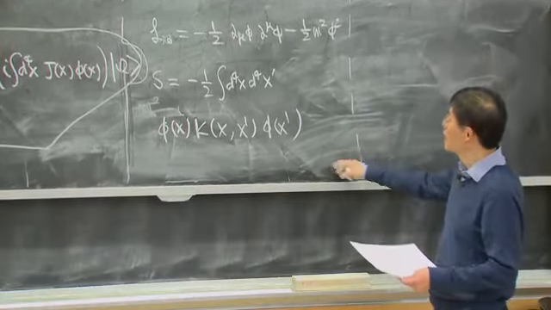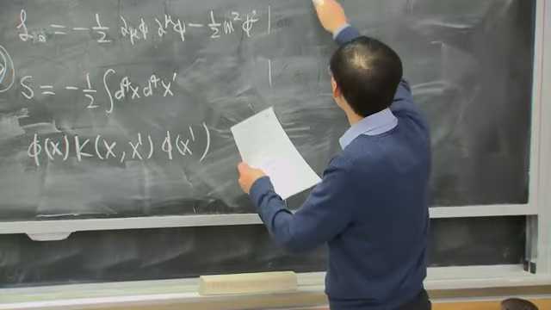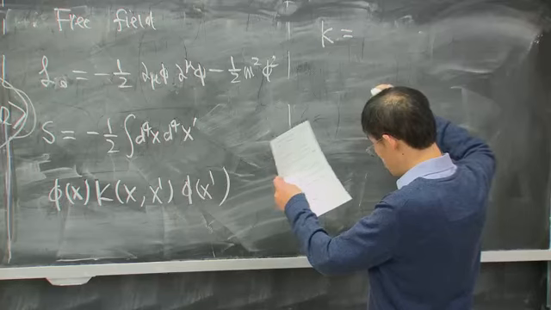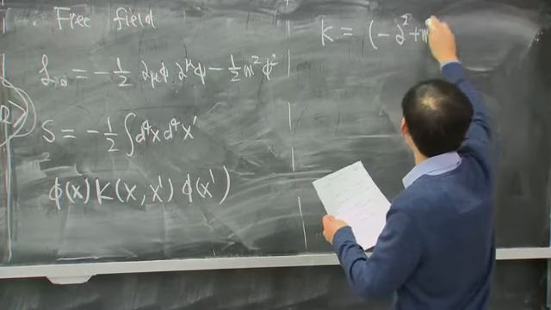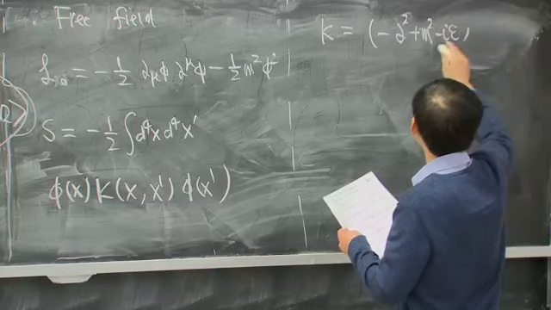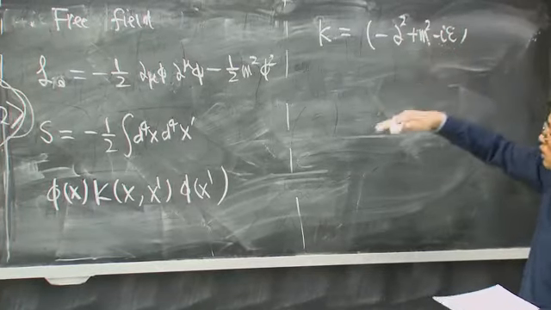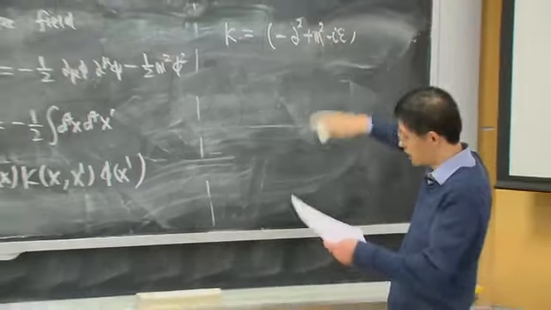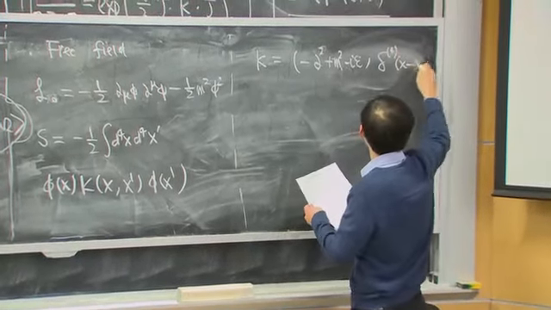Now K is given by, say, the square plus m² minus iε. Again, this epsilon comes from that thing. If you walk through, it's just minus iε, and then δ⁴(x minus x′).